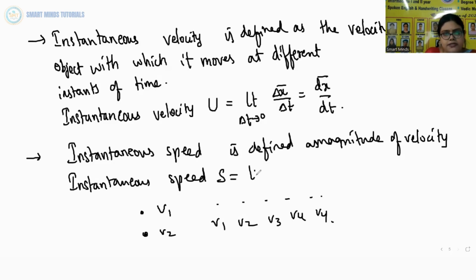Instantaneous speed is limit delta t tends to 0, delta x by delta t. That is dx by dt. So you got to know the difference between instantaneous speed and velocity. Instantaneous speed is a scalar. Instantaneous velocity is a vector. That's why you got a bar. So we write bars only for vectors. Understood?